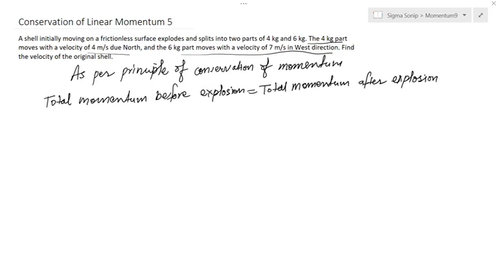I can write this as TMBE and that one as TMAE.